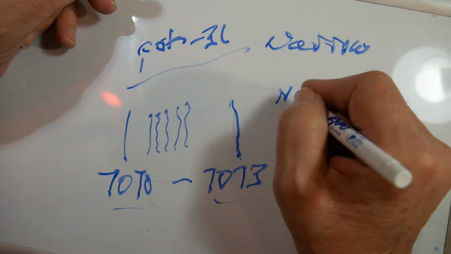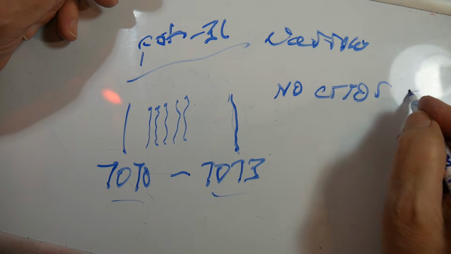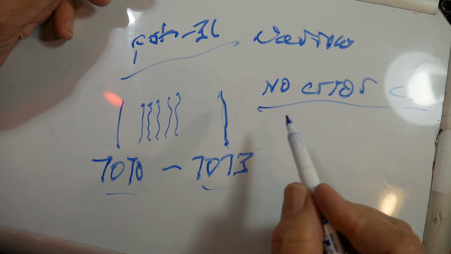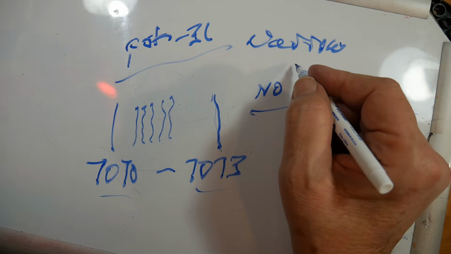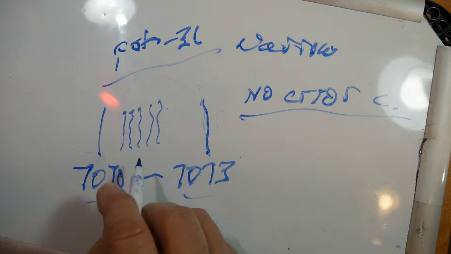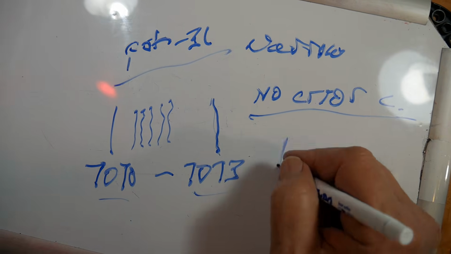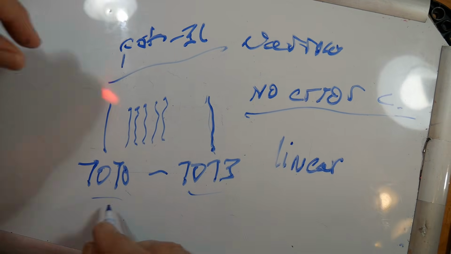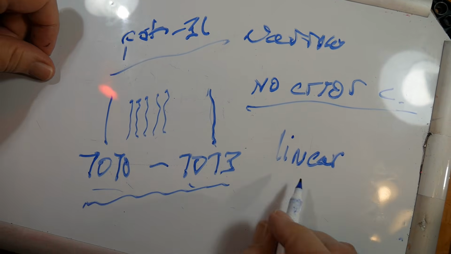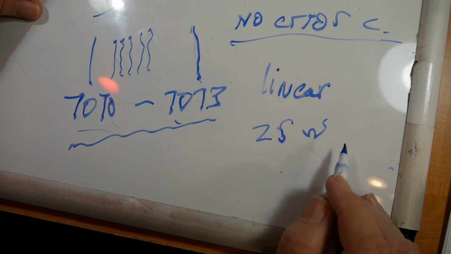This has no error correction. However, this is a phase-shifted mode. And so your transmitter and receiver had to be highly linear so you didn't create a problem. So it became normal for people to transmit about 25 watts instead of 100.